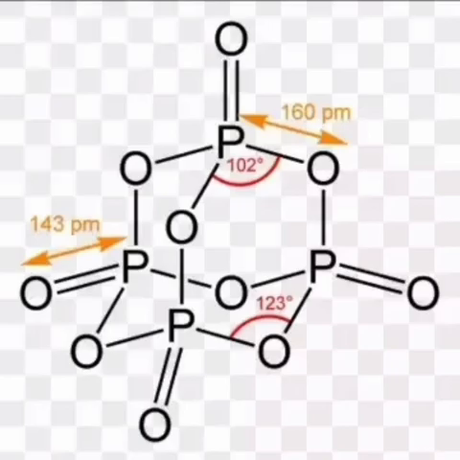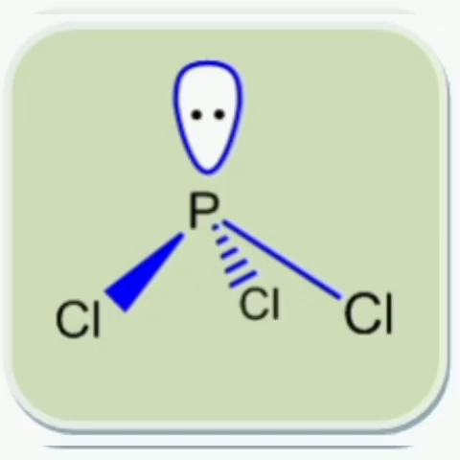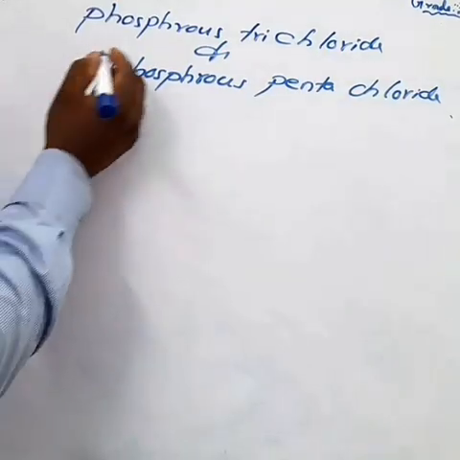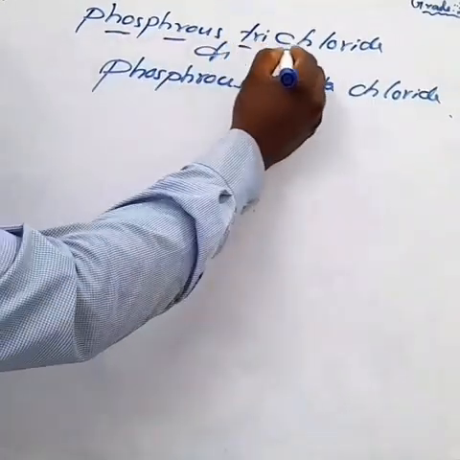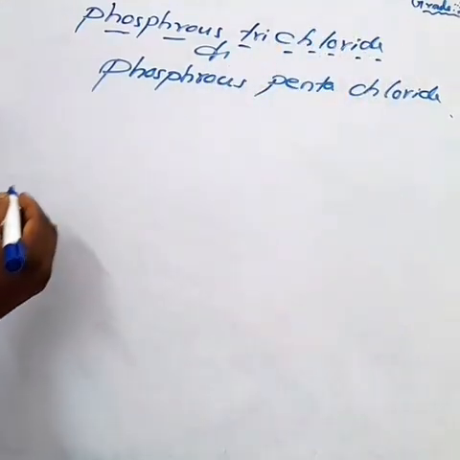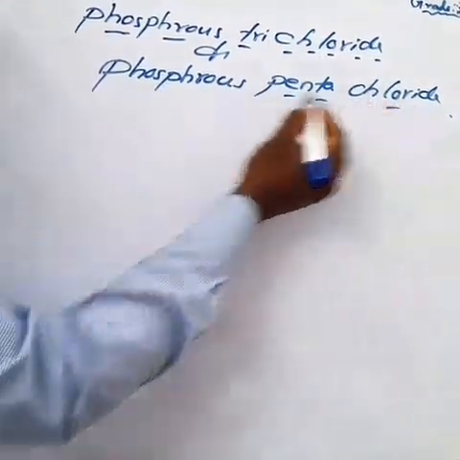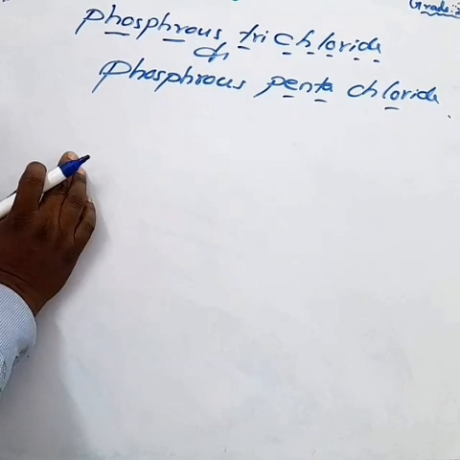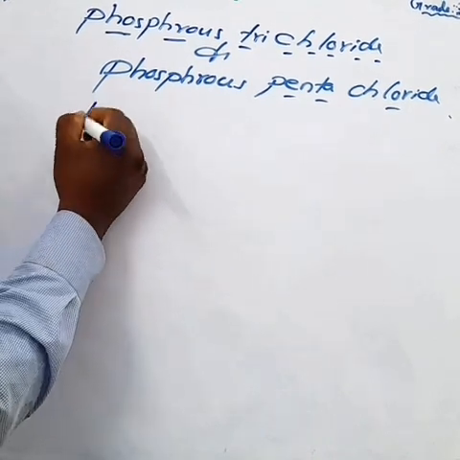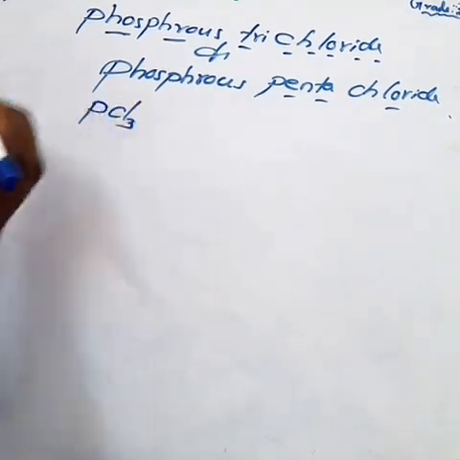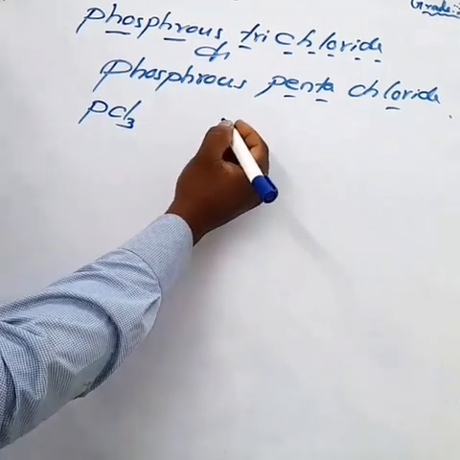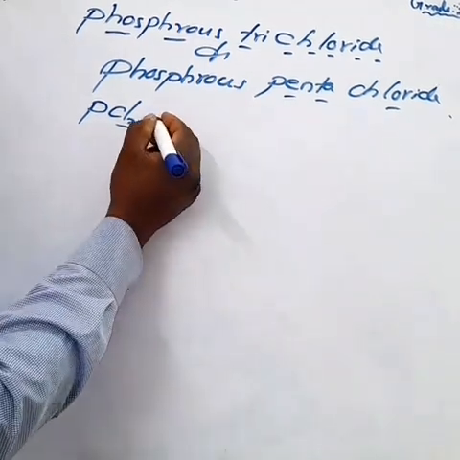Okay, please all of you take page number 70. How is phosphorus trichloride prepared? Phosphorus trichloride and pentachloride. The formula of phosphorus trichloride is PCl3. How is phosphorus trichloride prepared?